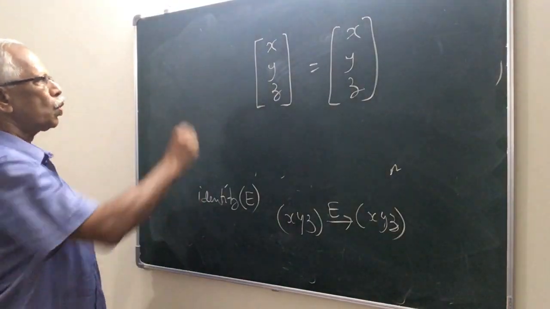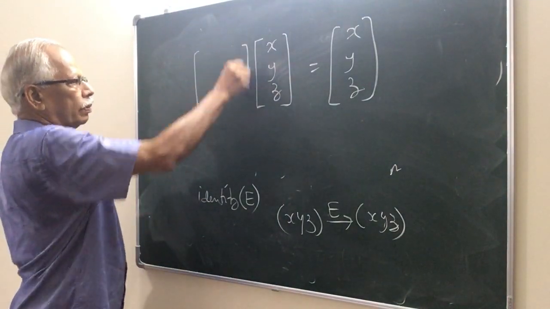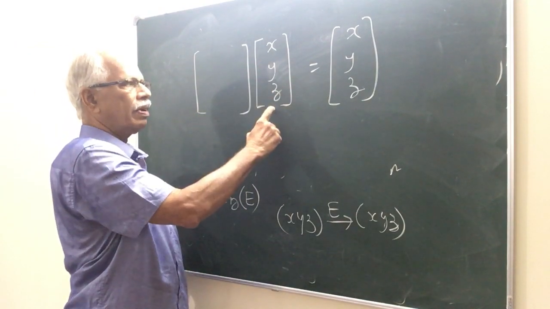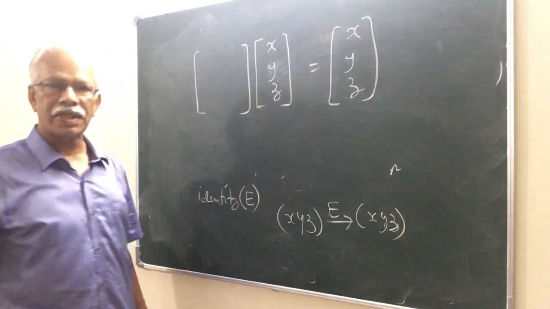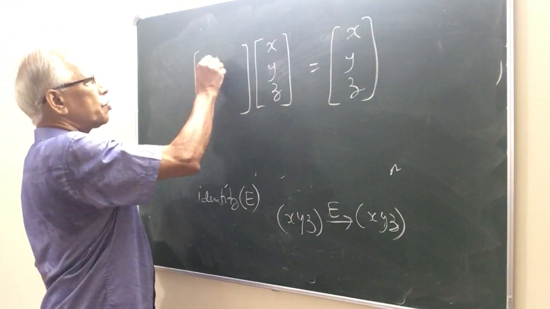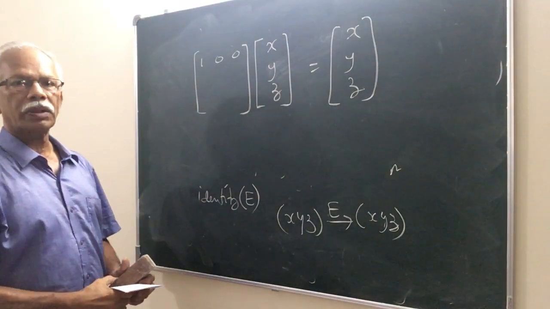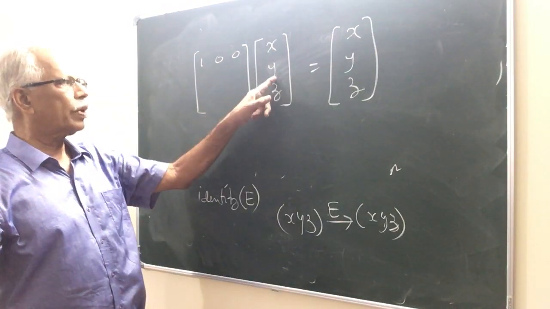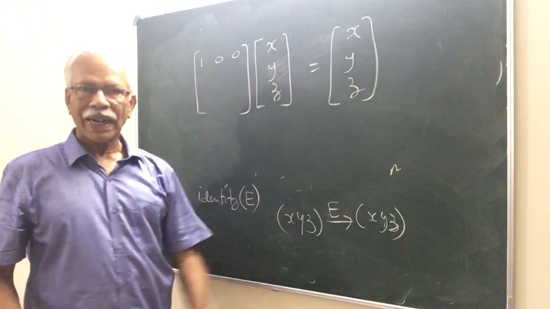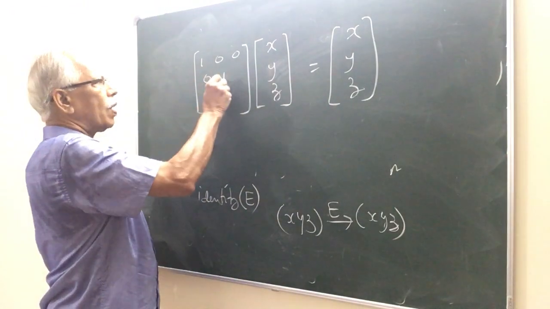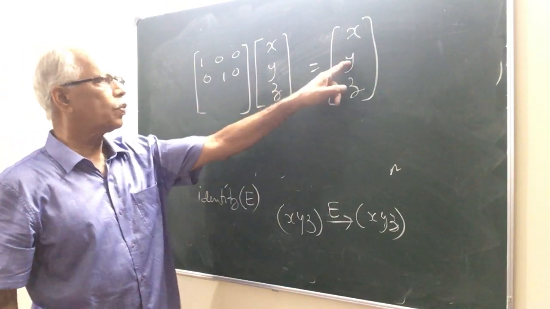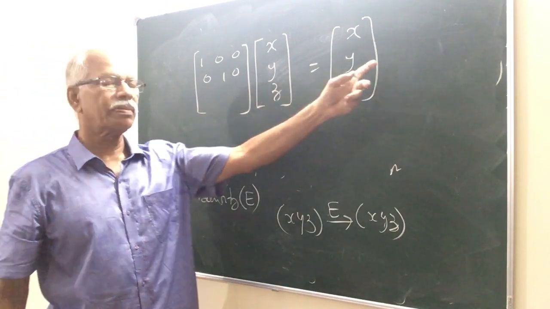Now generate a suitable 3 by 3 square matrix here which multiplies into x, y, z, giving x, y, z itself. Evidently, the first row will be 1, 0, 0, because 1 into x plus 0 into y plus 0 into z will be x. Second row will be 0, 1, 0. 0 into x is 0, 1 into y is y, plus 0 into z.